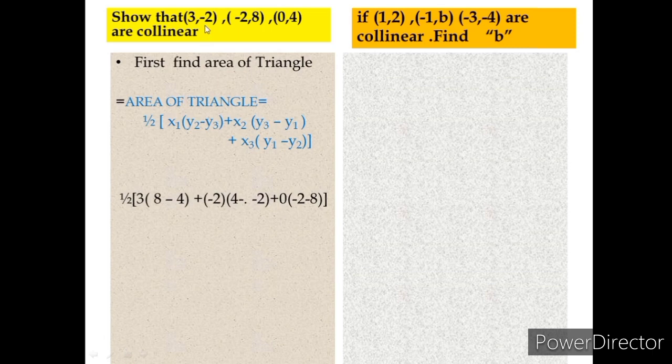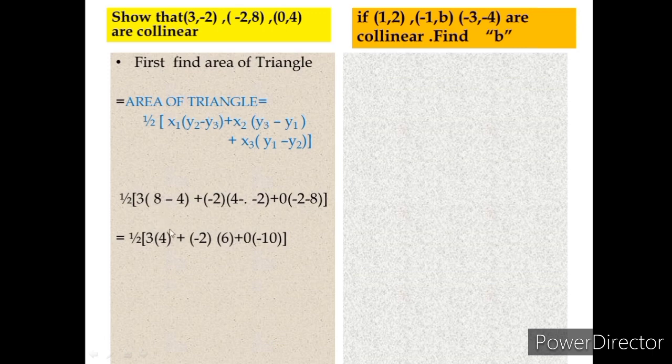Then y1 minus 2, then y2 is 8. Then you have to calculate the values of the brackets. The step will be like this: 3 into (8 minus 4), minus 2 I can take as it is, here minus into minus becomes plus, 4 plus 2 is 6, here minus 2 minus 8 becomes minus 10.